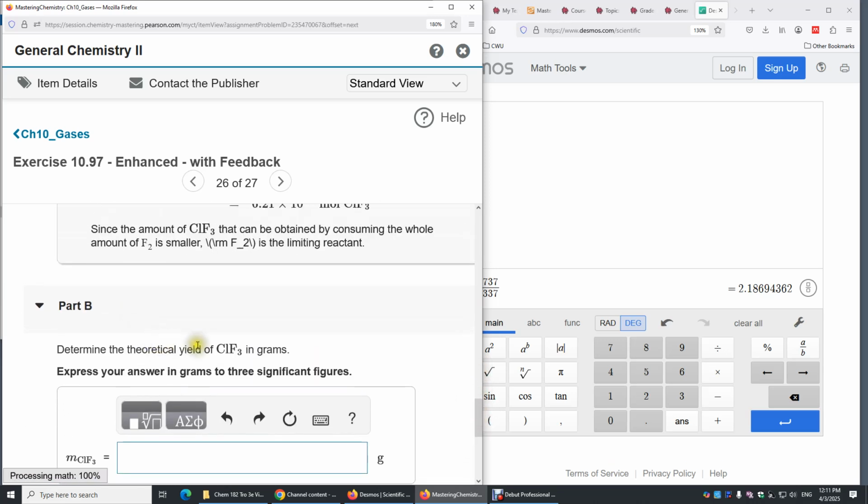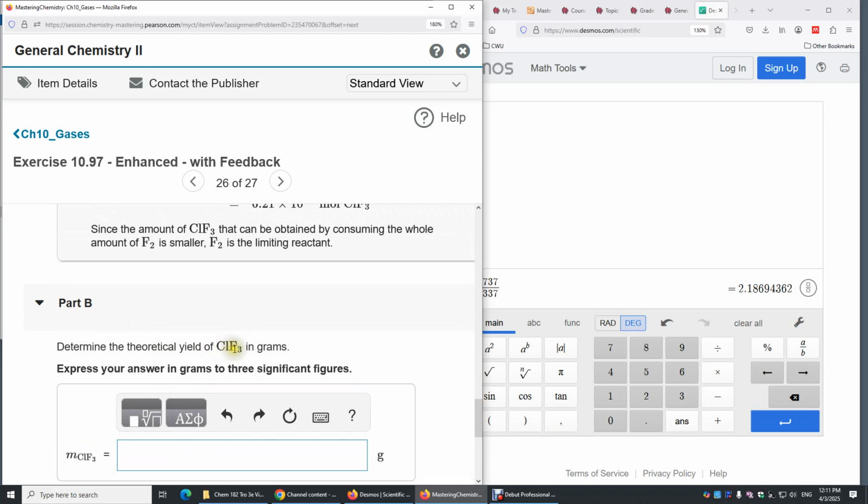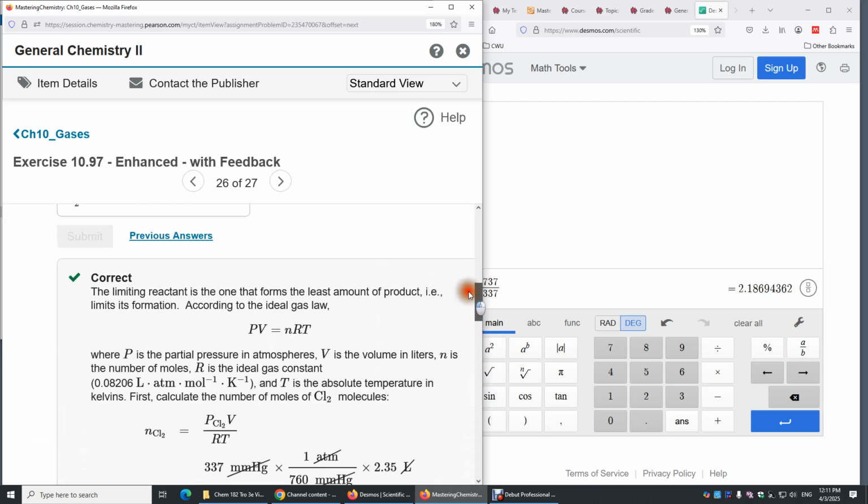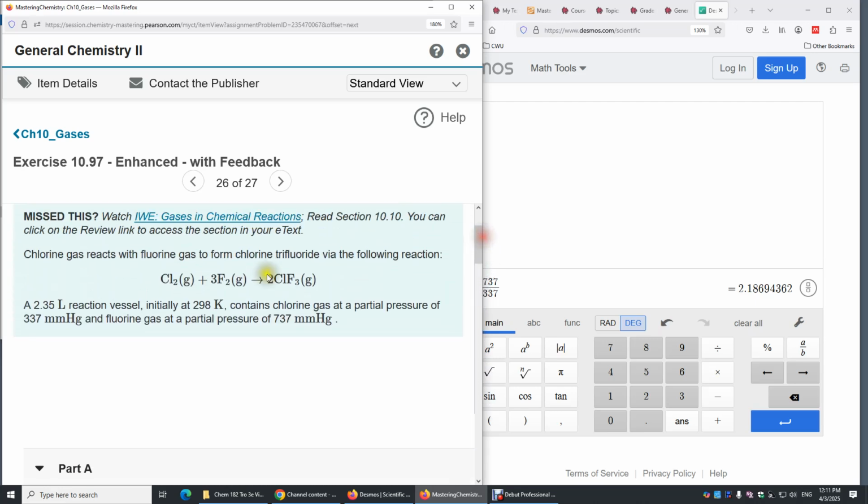Determine the theoretical yield of chlorine trifluoride in grams. We'll need this information. Given the volume, the temperature, and the partial pressure of fluorine, we can determine its number of moles.